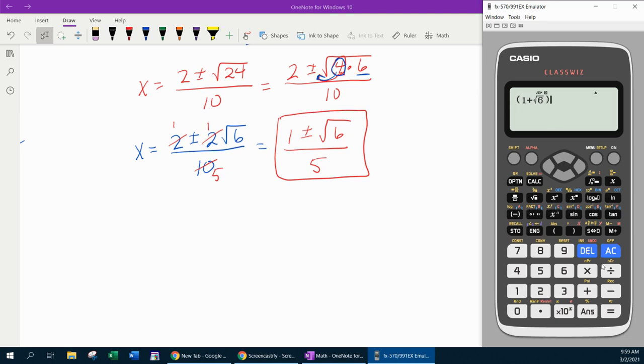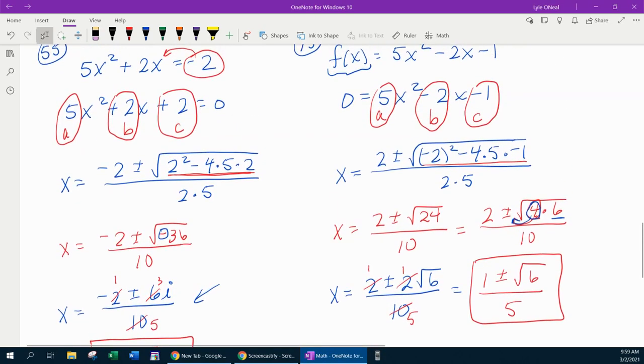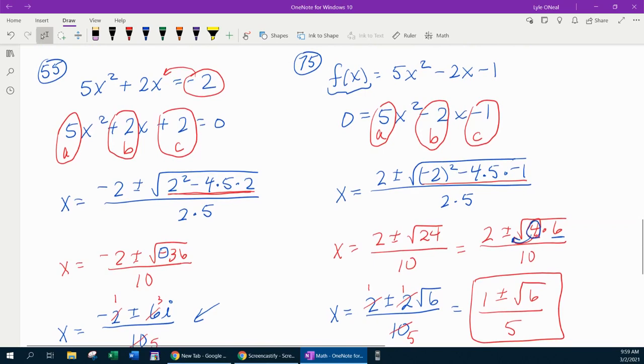This is all numerator divided by the denominator. And again, the ClassWiz is going to default to the exact value, and you can get the decimal this way with any other scientific or graphing calculator. All right, so that's going to do it for number 75.